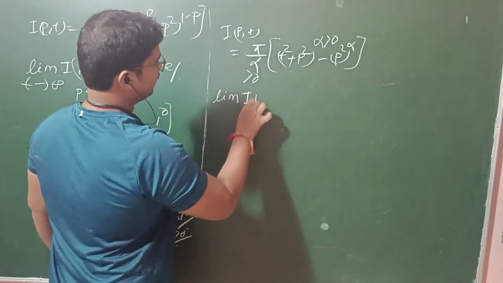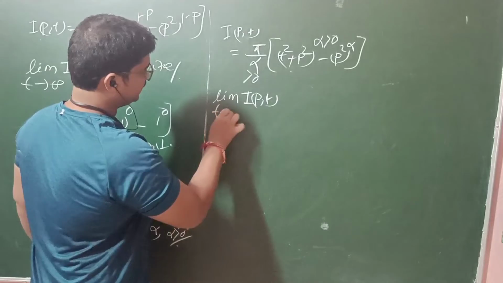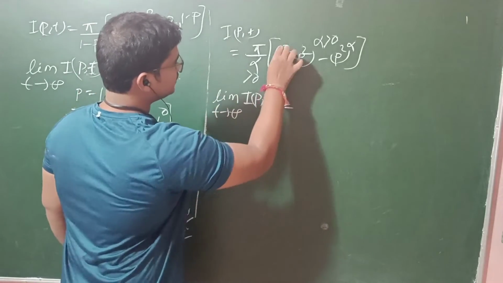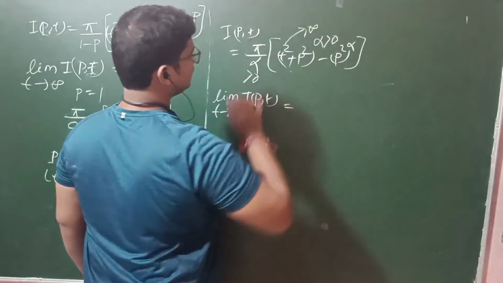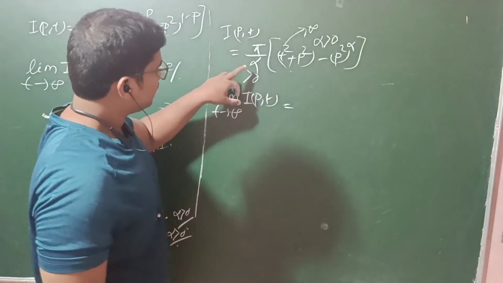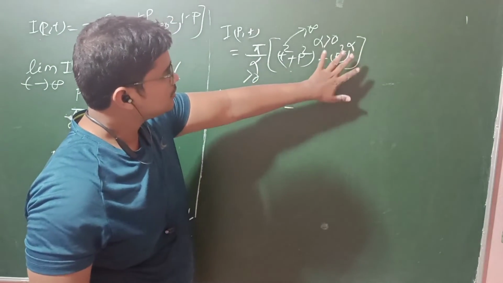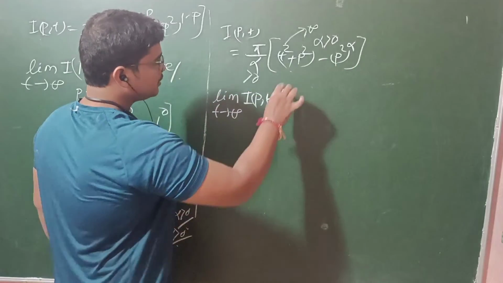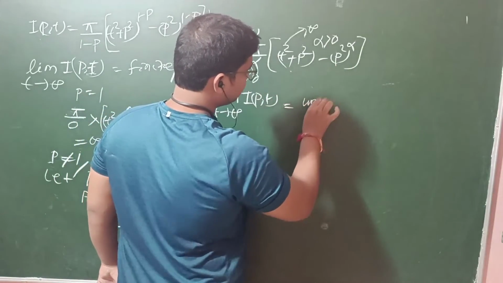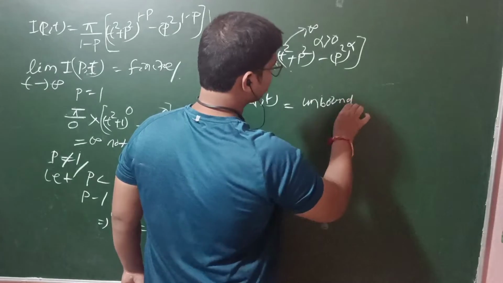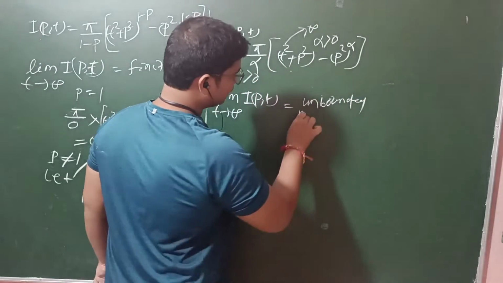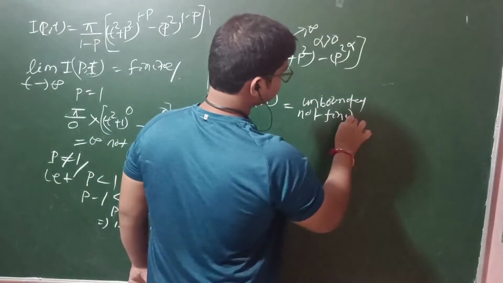If at the limit I p t, t tends to infinity, then this tends to infinity. Alpha greater than 0, pi greater than 0. This also greater than 0. That means this is unbounded. Unbounded means not finite.